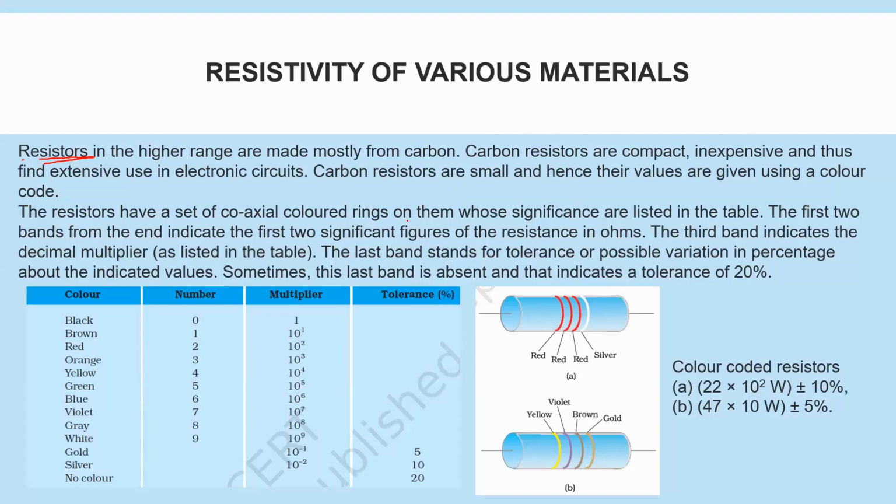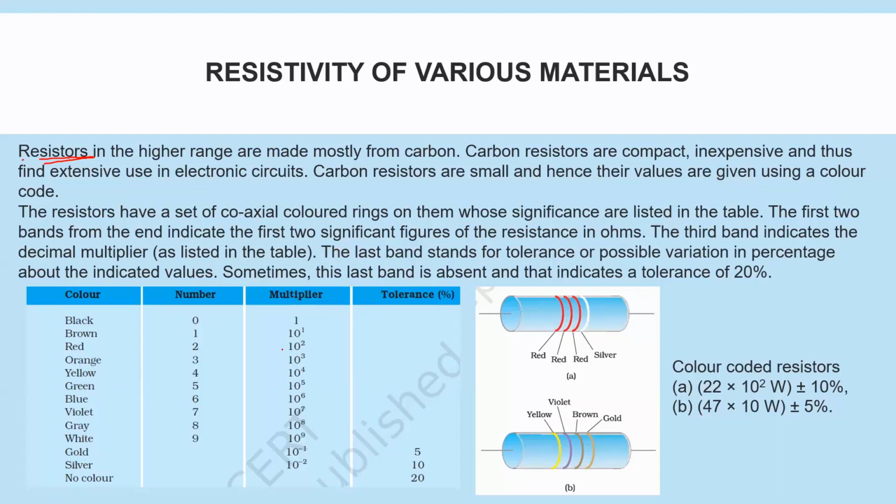Okay, and because the carbon resistors are so small, we need to know the value of the resistance that it is going to give us. So to understand that, when these were created, a color code was created along with it.